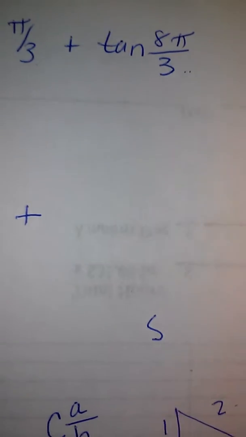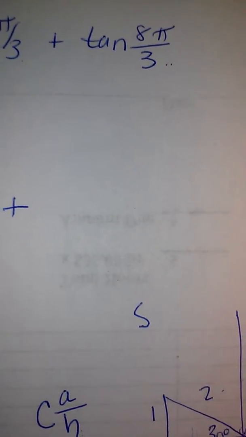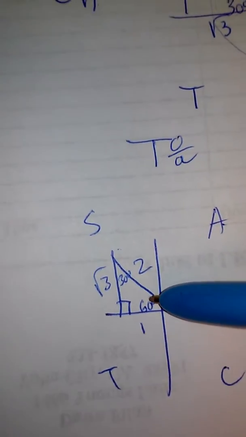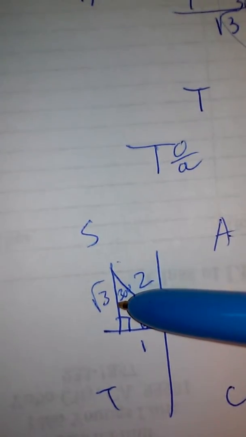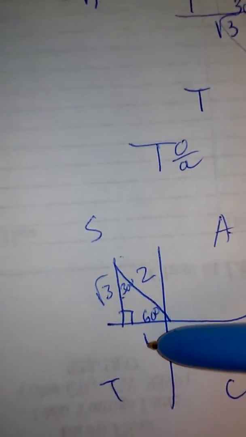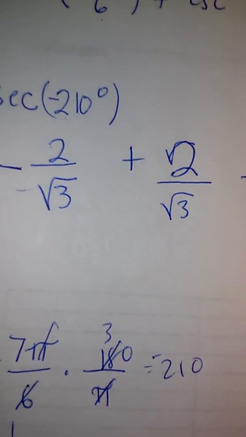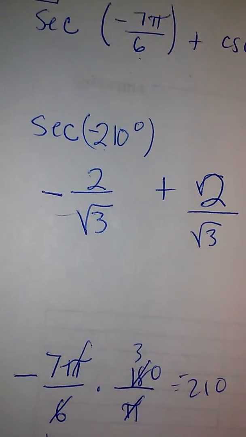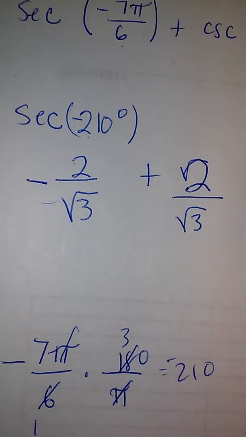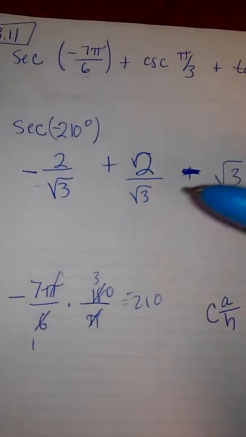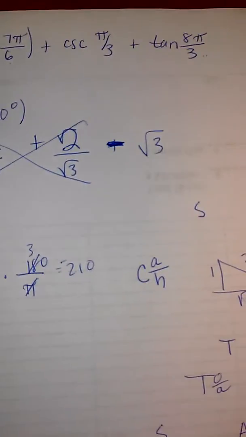That's the TOA: opposite over adjacent. It's root 3, but it's a minus, so it's plus a negative root 3. These cancel out, and I get negative root 3 for my answer. Then I can check it in the back of the book. Well, I'll check it before I post the video, but that's how I would do it.